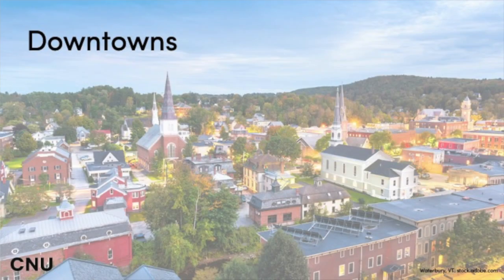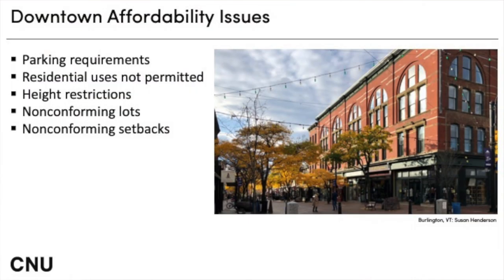That same thing applies in downtowns. As you become more urban, of course, the parking issue is uniform in being a problem and a barrier. But in downtowns, residential use being conditional is perhaps the biggest barrier.